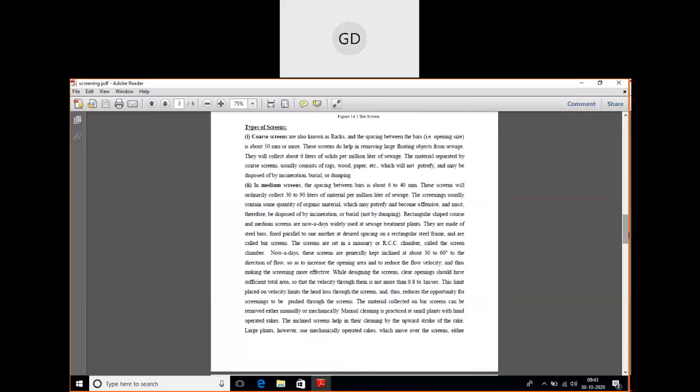Number one is the coarse screen, also known as racks. The spacing between the bars is 50 mm or more.